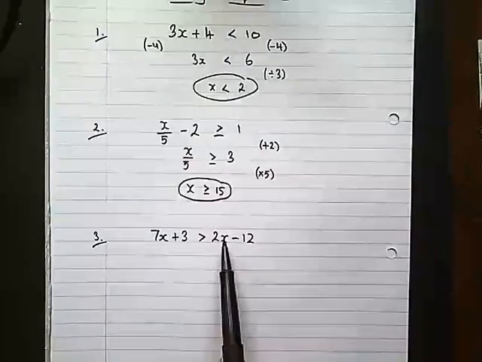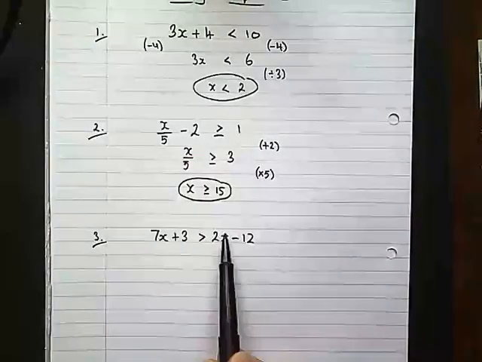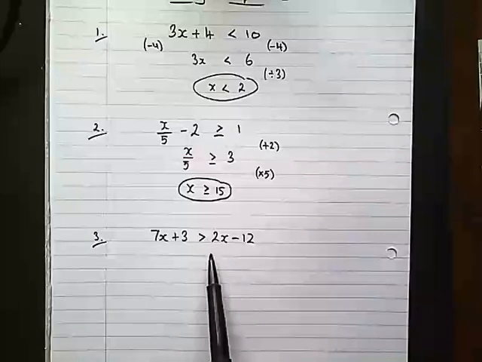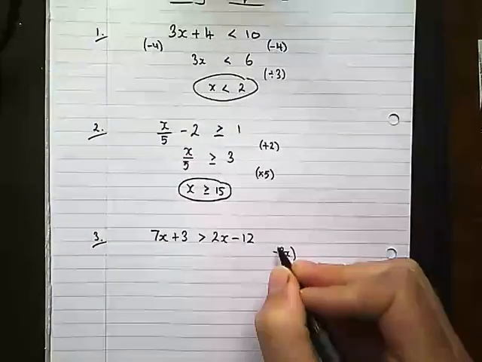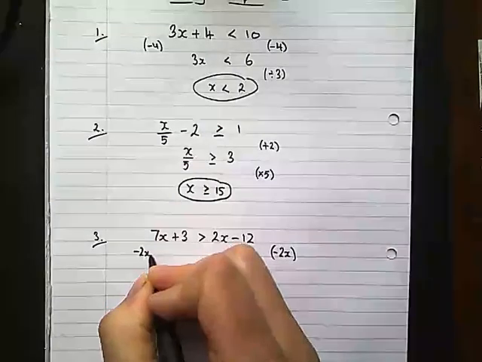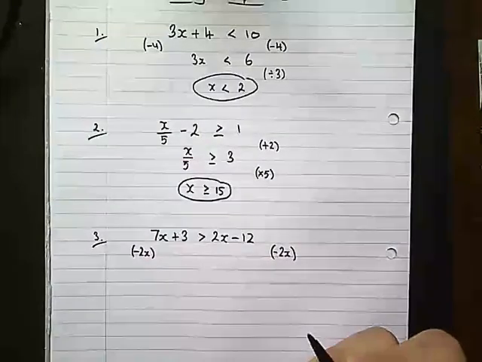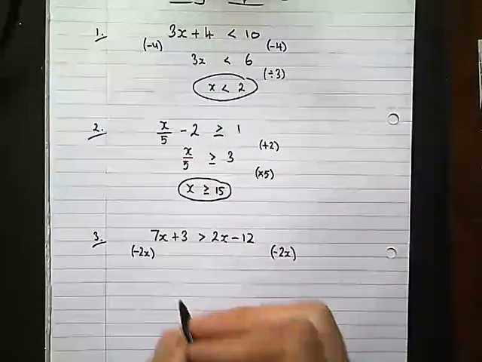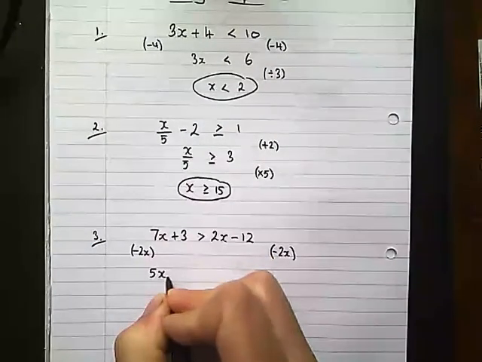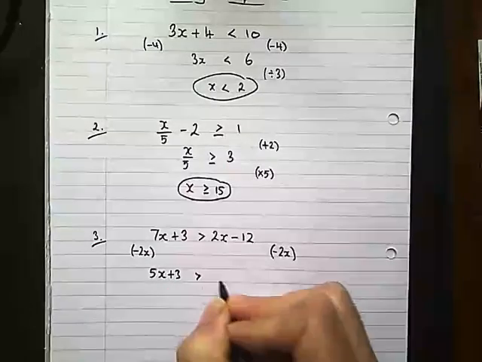So I need to eliminate this 2x from both sides, and the way I do that is by subtracting 2x from both sides. That keeps this balanced. So taking away 2x, I get 5x plus 3 is greater than minus 12.